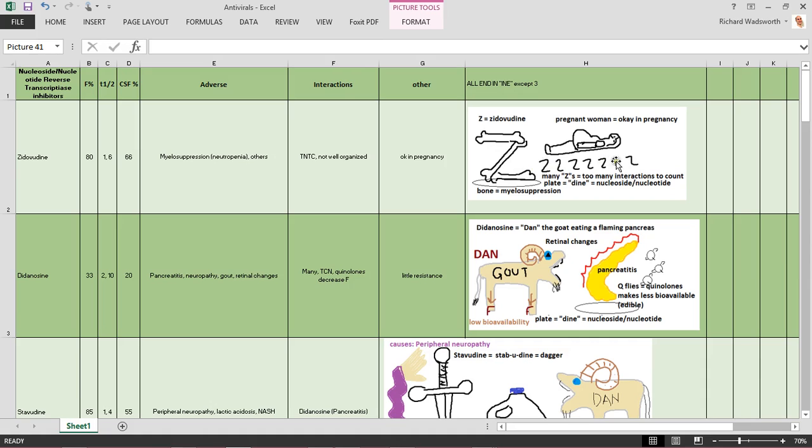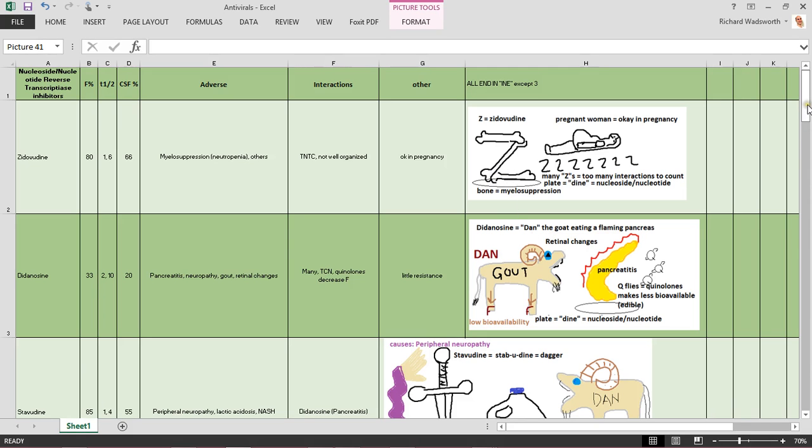There's also a pregnant woman here sleeping because she's doing just fine, because this drug Zidovudine is just fine in pregnancy. I also did a little plate here because it looks like most of the nucleotides end in dine, so I thought maybe Zidovudine, a little dining on a plate, yeah.